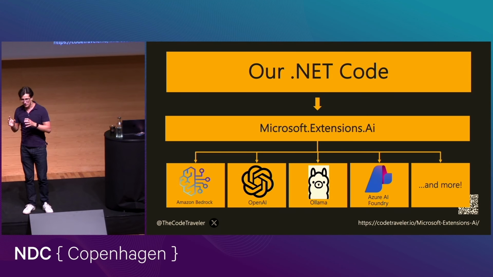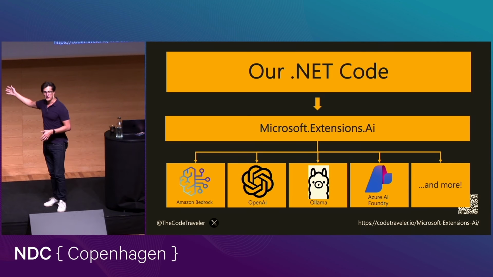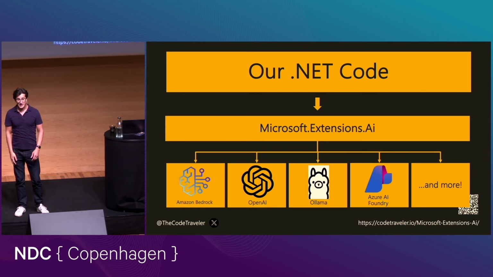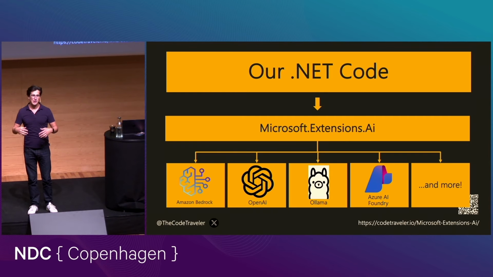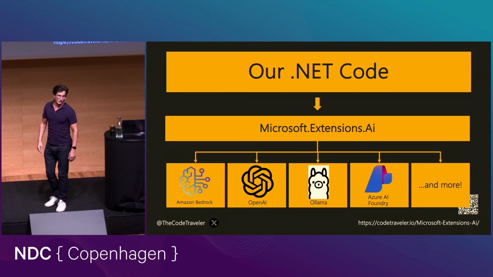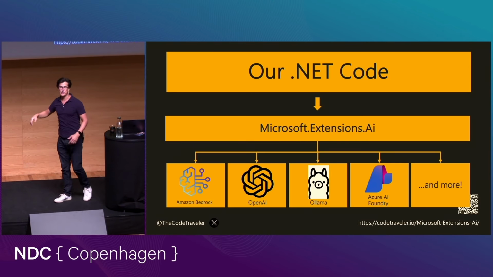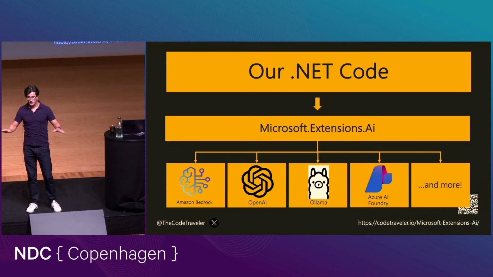But then when you write your code, it's all very specific to, say, Amazon Bedrock. And so what if one day your manager comes and goes, hey, we just got $100,000 in credits to Azure. We're moving everything to Azure. And it's like, okay, well, great. Now I have to rip out all of that work I just did. But the cool thing with Microsoft.Extensions.AI is not only does it make it easy to write the code and implement it in our apps, it also makes it super service agnostic.